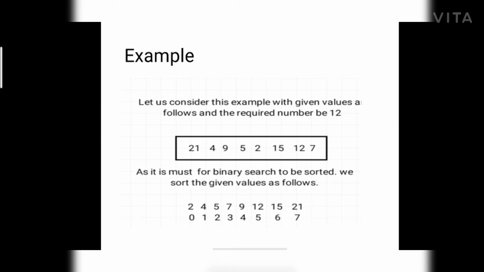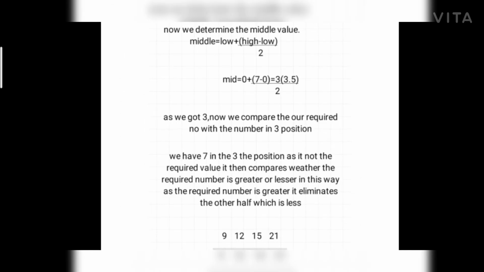So we eliminate the values less than 7, and as 7 itself is not 12, they are not equal, so we eliminate it also. So 2, 4, 5, 7 are eliminated, and the values above 7 are still in the game: 9, 12, 15 and 21.